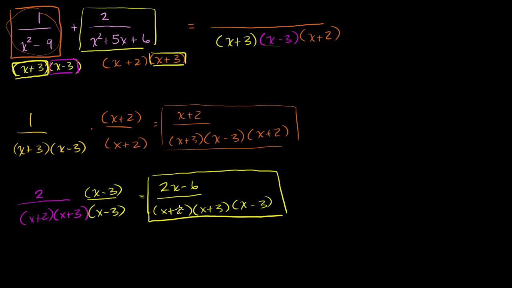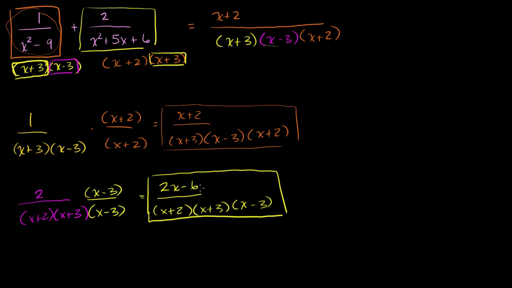So if we were to add these two expressions, they have the same denominator. I just switched the order that I'm multiplying, but it's exactly the same denominator. For the first expression, we get our x plus 2 here over all of this, and you'd get 1 over x squared minus 9 in its original form.